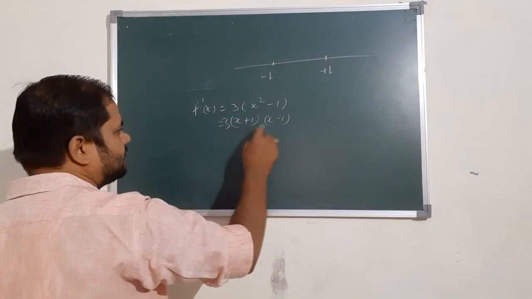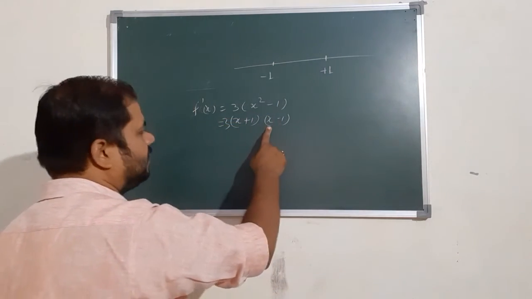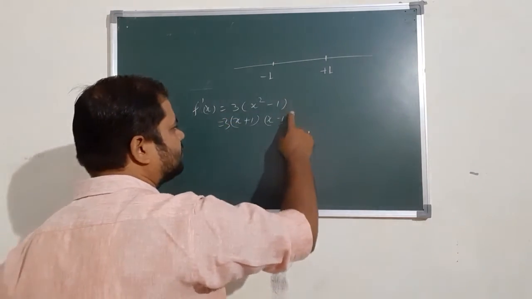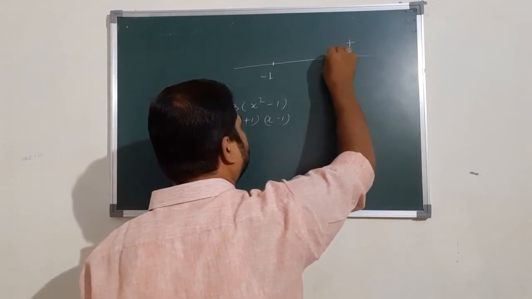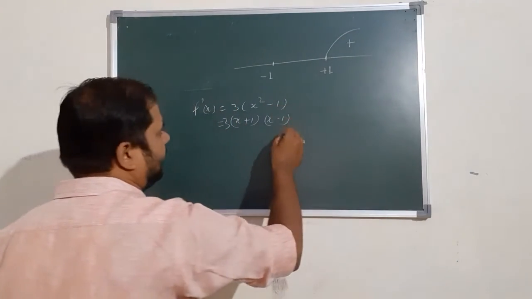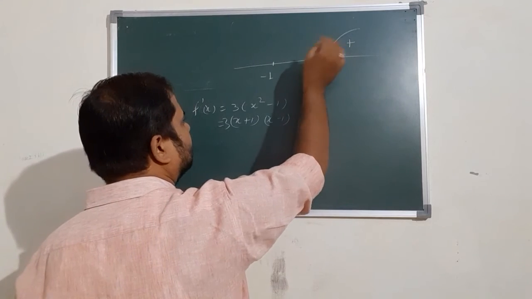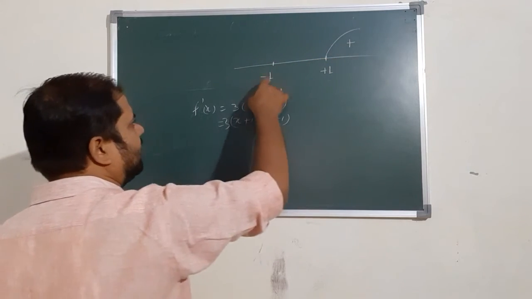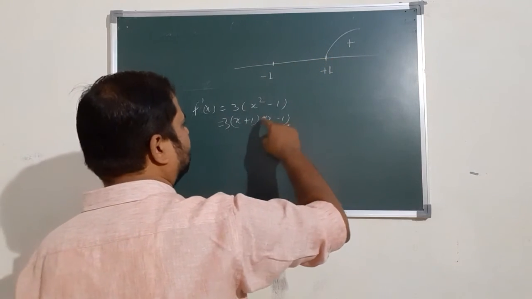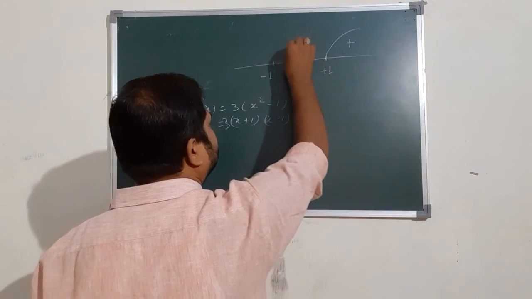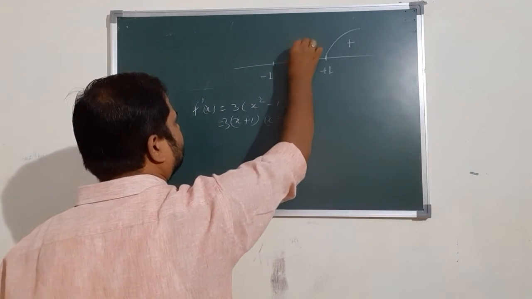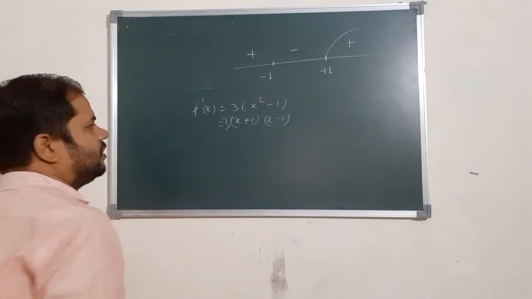For x greater than 1, the power is odd, so this is positive. Then after crossing, the sign is changed: positive, negative, and then positive.